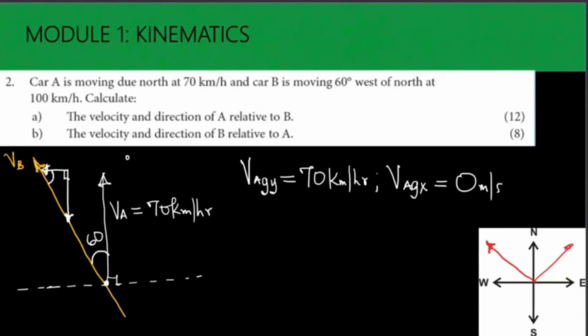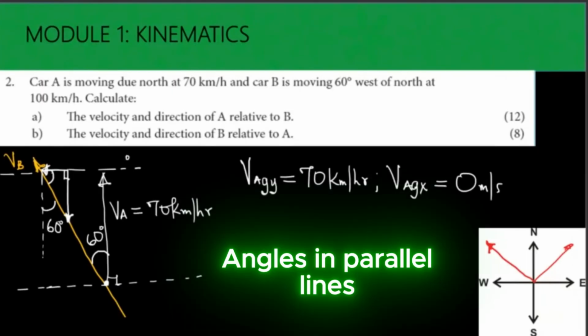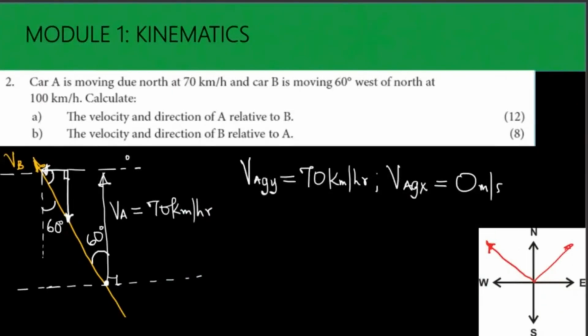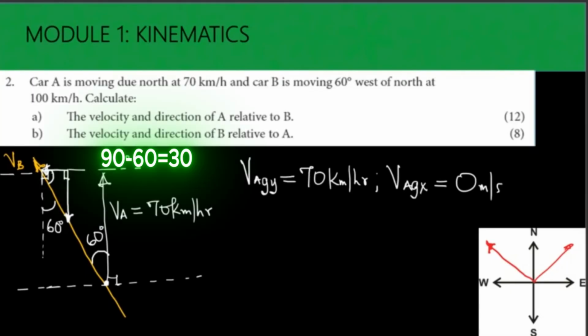And then if you draw something like this here, now, this is 60 degrees, right? This is also going to be 60 degrees, isn't it? Alternate angles. If that is 60 degrees, the angle here is going to be what? 30, isn't it? This is 90 degrees. So the angle here is what? 30 degrees.